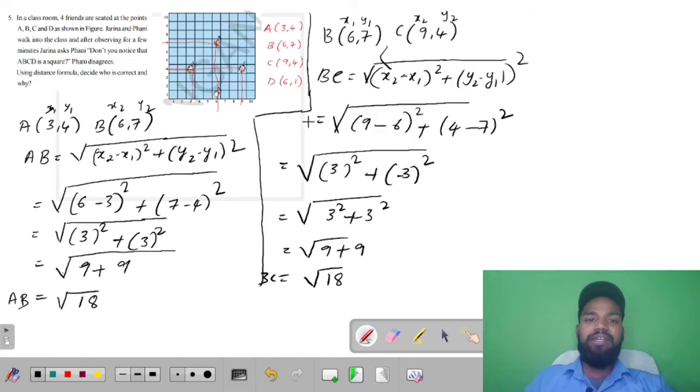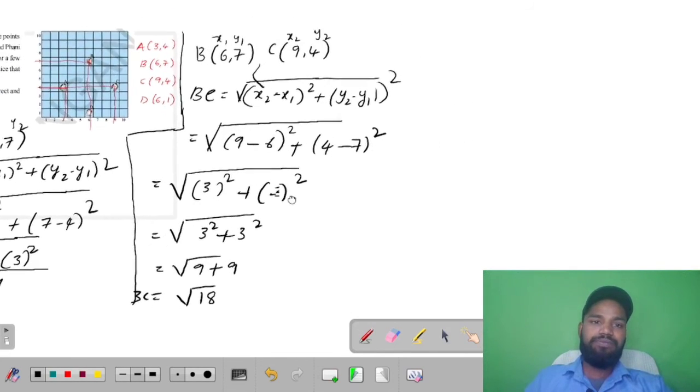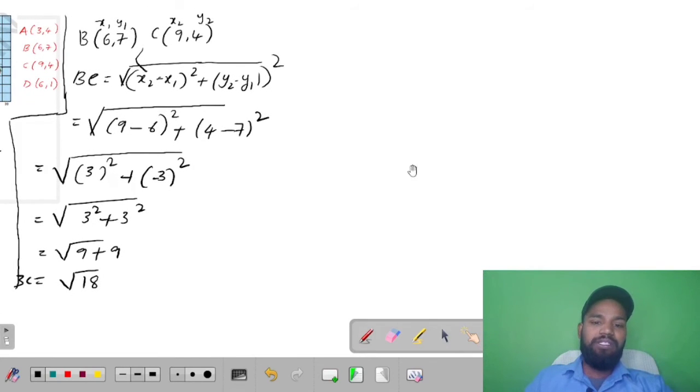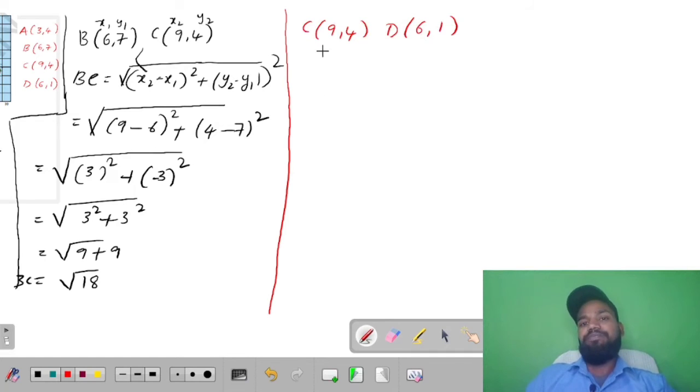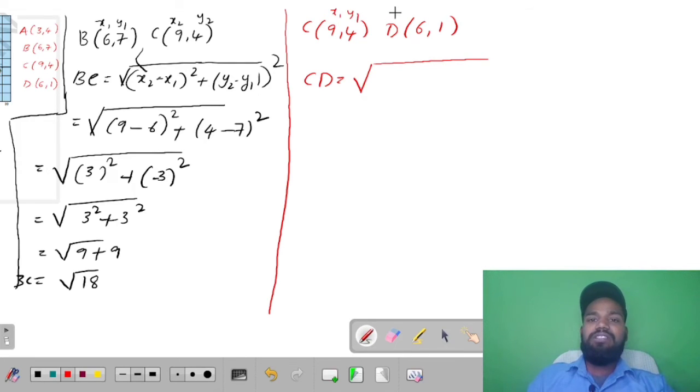Now we need to find CD, right? So now we are going to find CD. What is C value? (9, 4), and what is D value? (6, 1). Now CD equals under root, this is x1, y1, x2, y2.